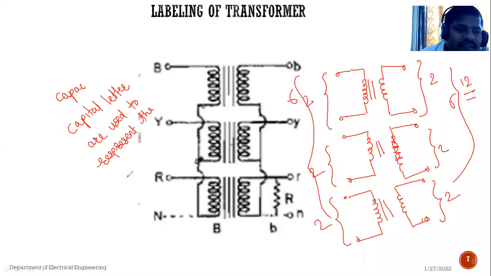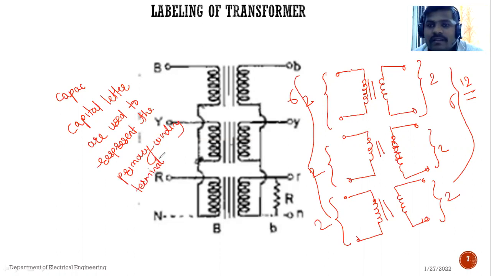Keep in mind. See, the capital letter can be used to represent the primary winding terminal or the primary side terminal. Primary चे जर terminal मला represent करायचे असतील तर I am using a capital letter.